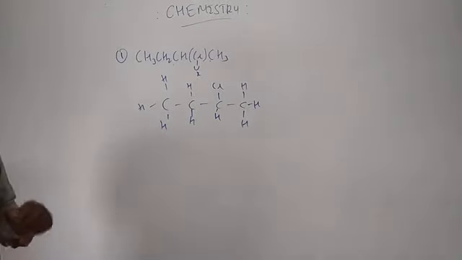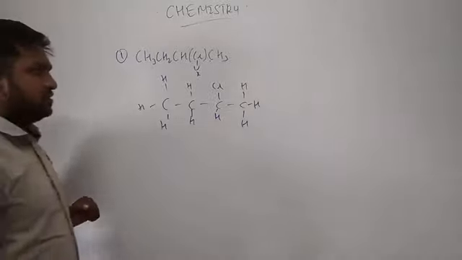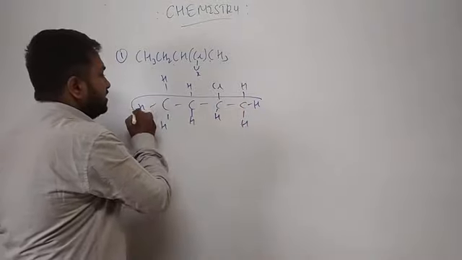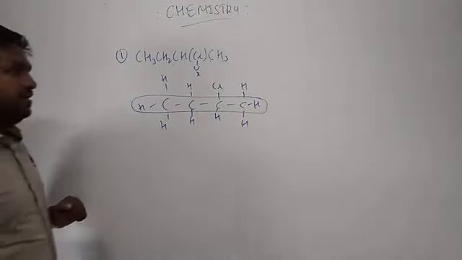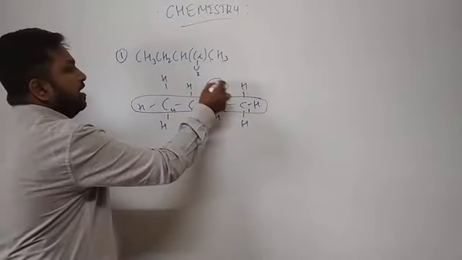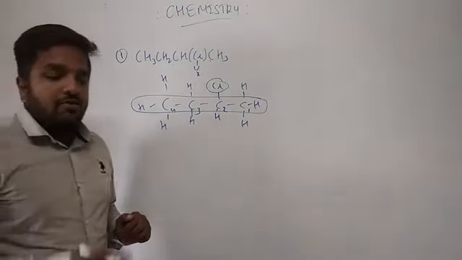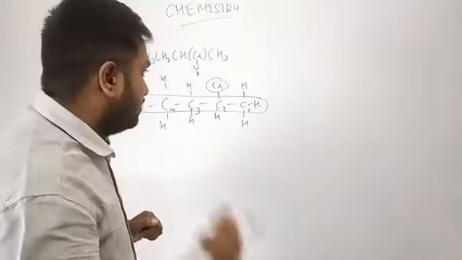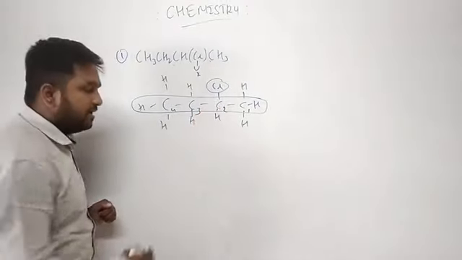So now we should find out the longest chain. Clear? That is the first rule. So it is clear that this is the longest chain. If we are numbering 1, 2, 3, 4, because we have the chlorine here, it should get the lowest number. So now let us name this compound. We have the chlorine on the second carbon atom.